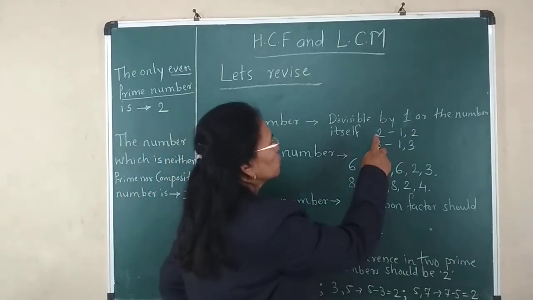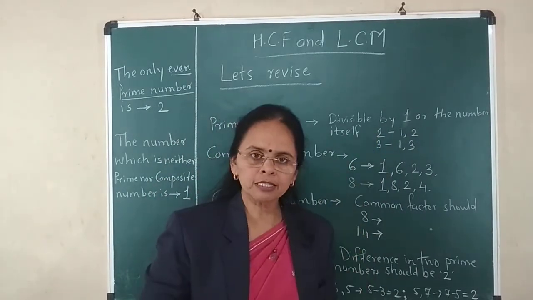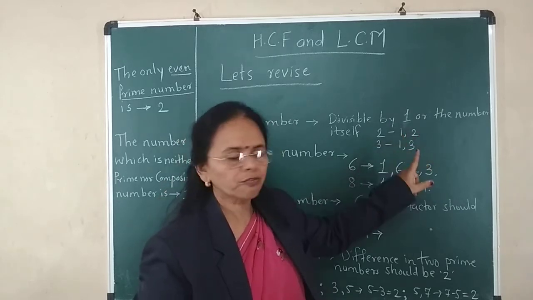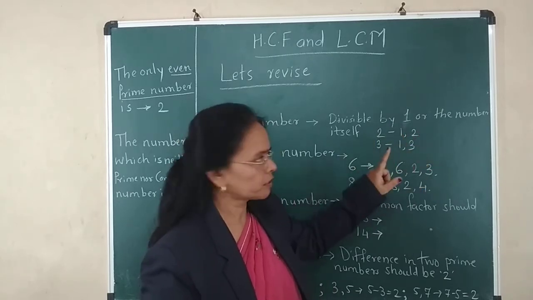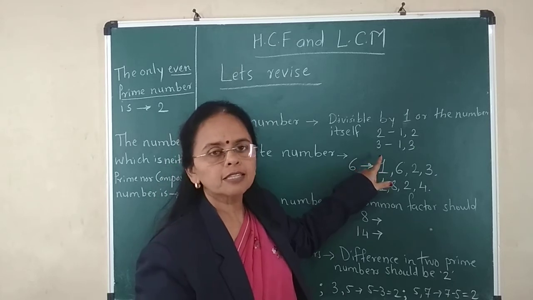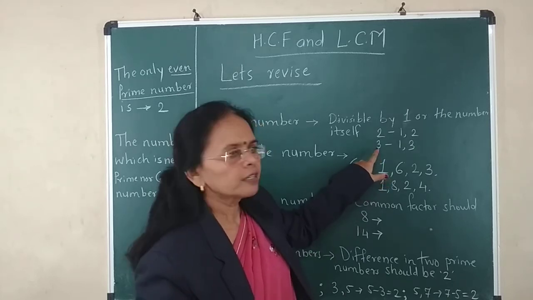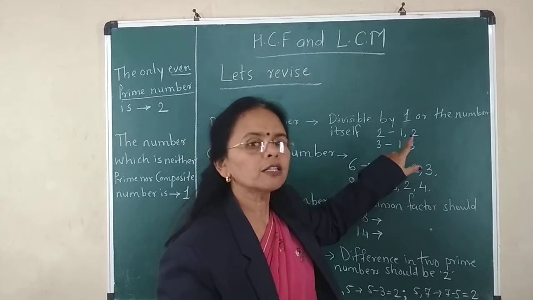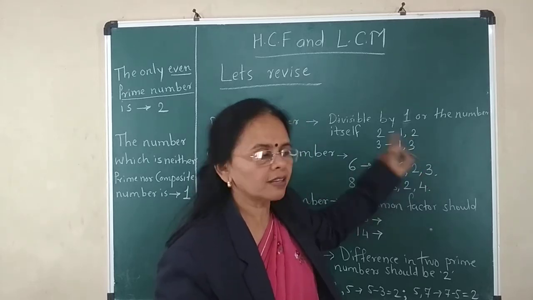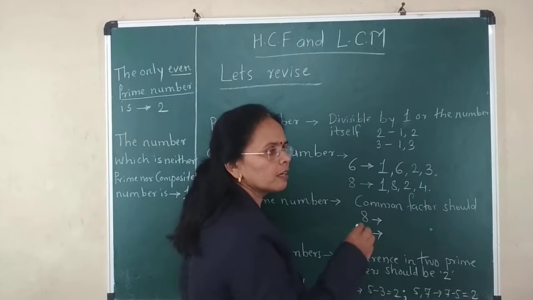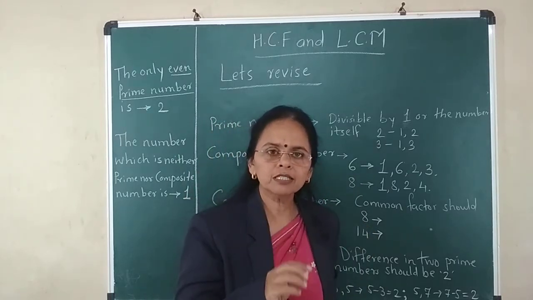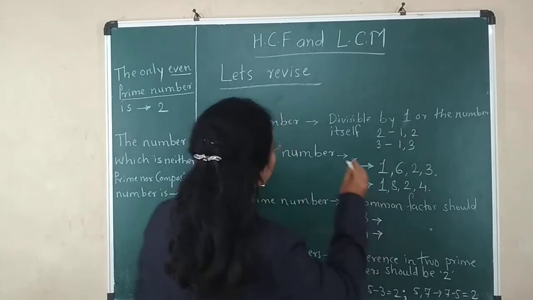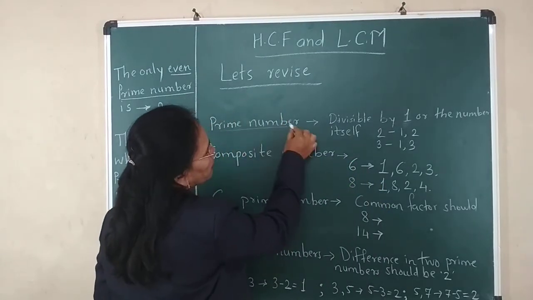If we see, 3 comes in the tables of 1 or that number itself, 3. And when a number comes in the table of only 1 and that particular number, that is called a prime number.